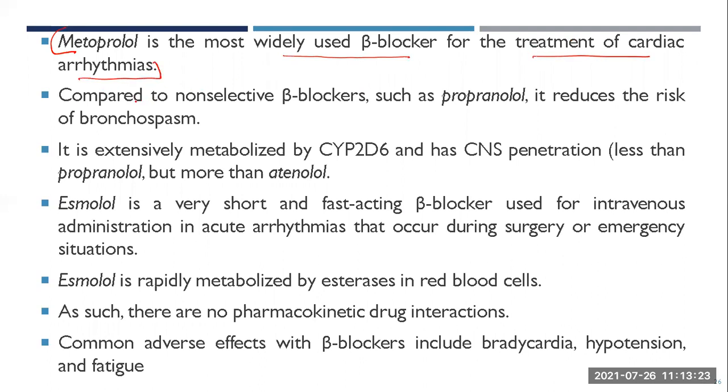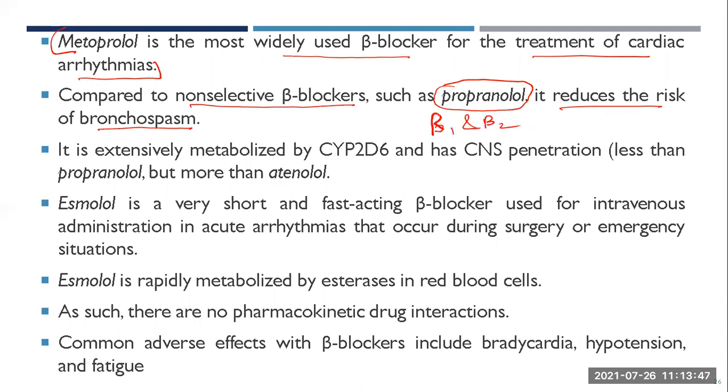So when we compare it to the non-selective beta blocker, an example of which is propranolol, it reduces the risk of bronchospasm. Propranolol has blocker activity at both beta 1 and beta 2 receptors.